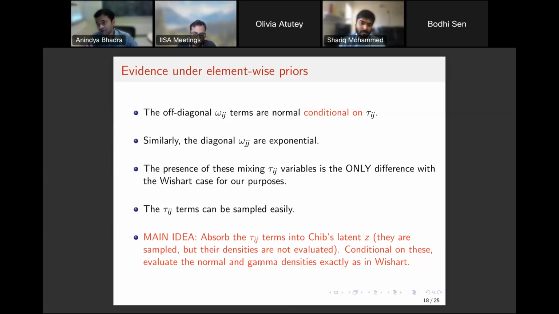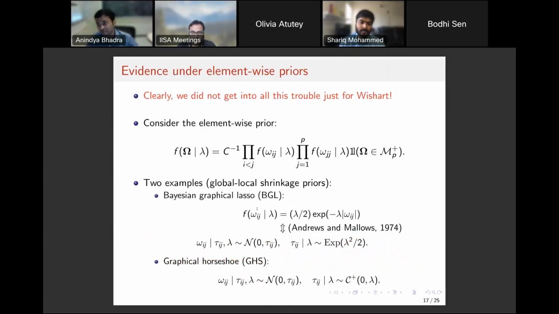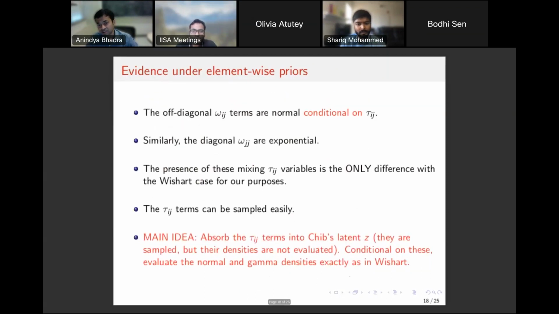Just think about how many priors you can represent as scale mixtures of normal for omega ij, and how many different types of positive random variables you can represent as mixtures of exponential. Everything will fall in the framework, provided you can sample the latent mixing variables. In particular, you can do this for both Bayesian graphical lasso and graphical horseshoe, same framework as Wishart.